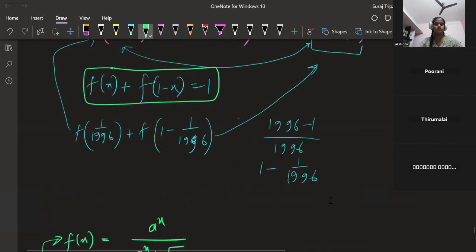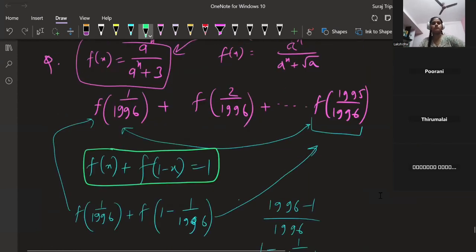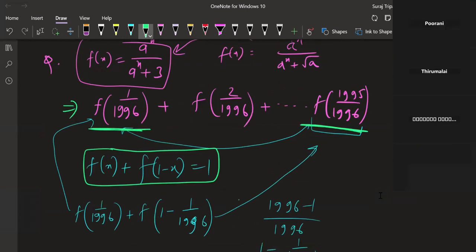This one. Because this is given, f of x is this number, and this function is working as f of 1 minus x. Right? This 1995 divided by 1996, you can write down like this.